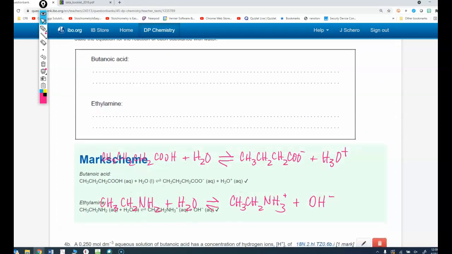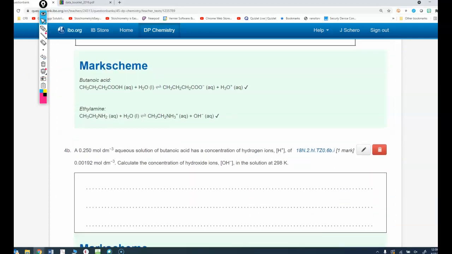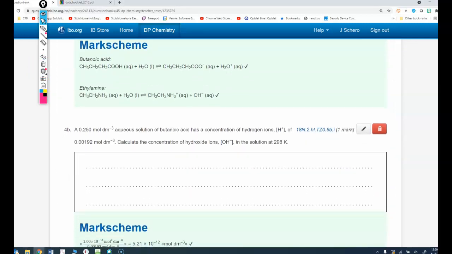Okay, very nice. That is what we got. I love it when I get the right answer. Okay, so then it says, a 0.250 mol dm-3 aqueous solution of butanoic acid has a concentration of hydrogen ions of 0.00192. Calculate the concentration of hydroxide ions in the solution.